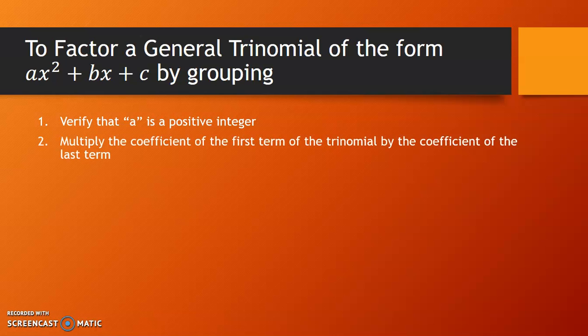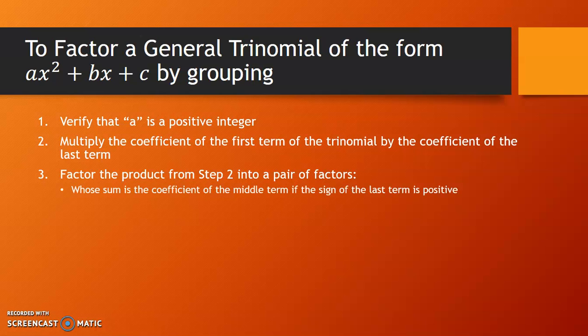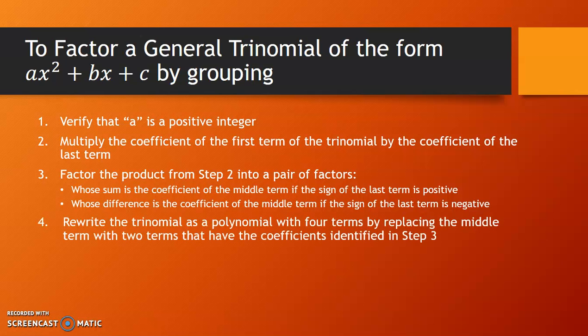You're going to take the a and the c term, you're going to multiply those together. And you're going to be factoring that number into two pairs, and what those pairs need to do is they need to multiply to that a times c, so that number that you're working with, but they also need to add to the middle term b. And this kind of goes into the rules if it's positive or if it's negative.